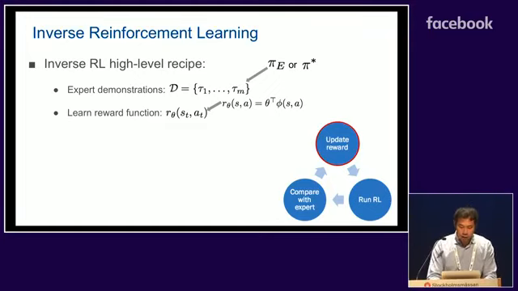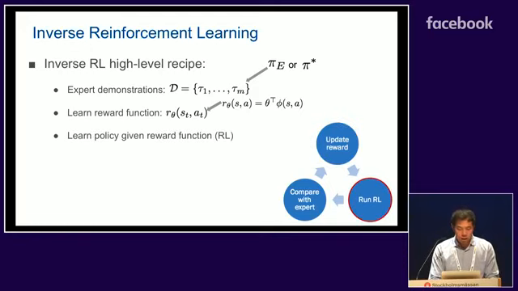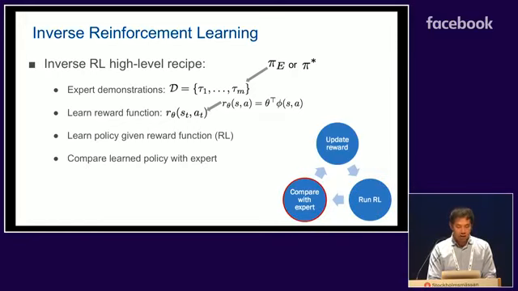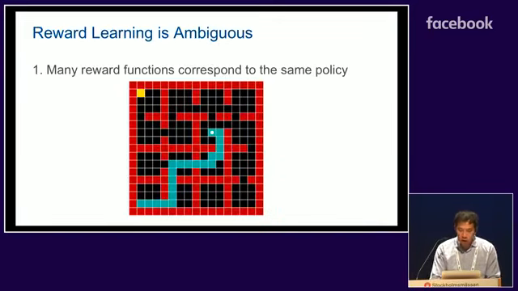And then often, we would update the reward parameters in a loop. Given a reward function estimate, we then try to learn a policy conditioned on that reward function. And then we would compare the policy that we learned with the expert data. And so if it's not satisfactory, then we would repeat to find a better set of parameters, theta, and so on. Okay, so that's the overall structure.